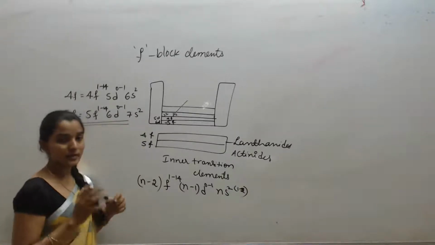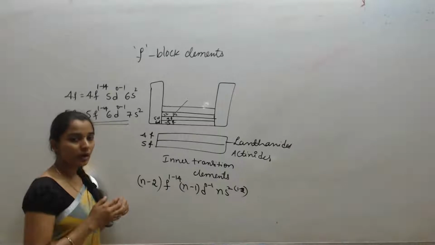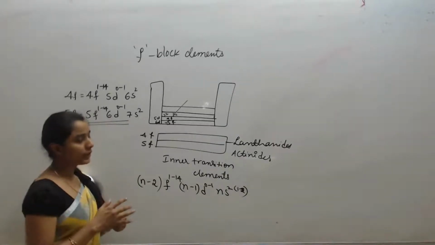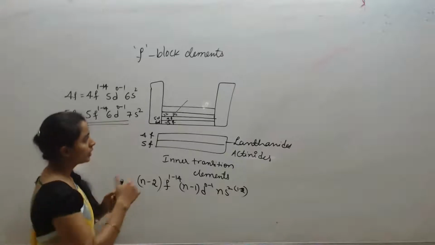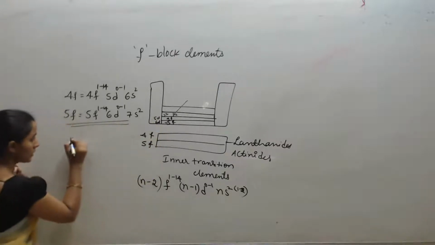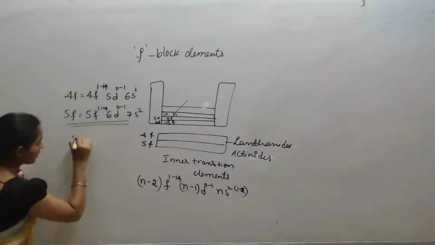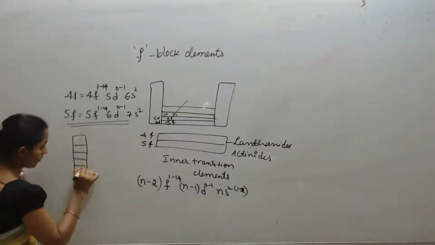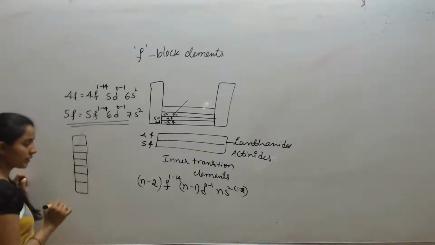If a question asks which period is incomplete or the longest, listen. In the periodic table, 1, 2, 3, 4, 5, 6, 7 periods are there.